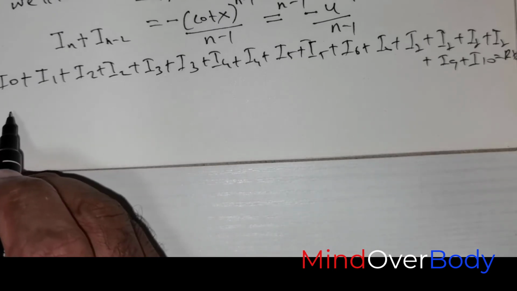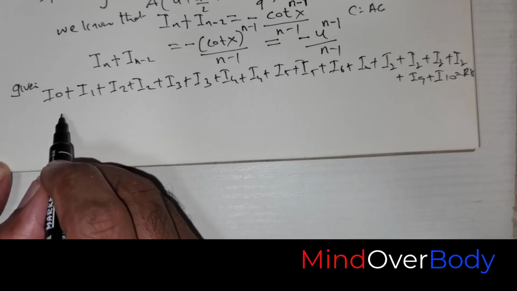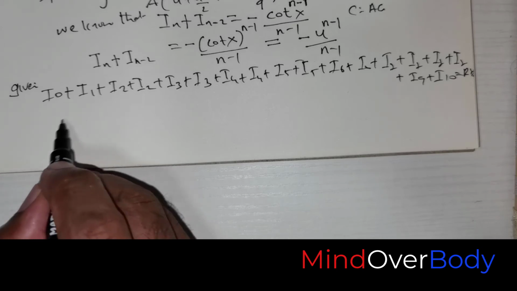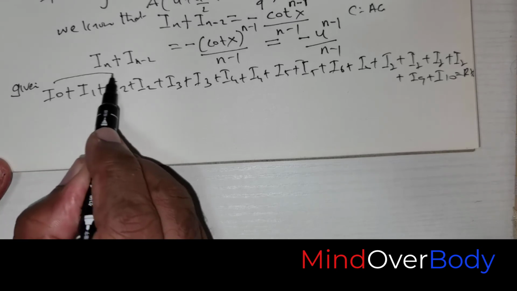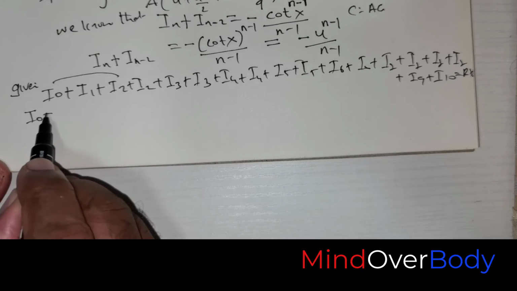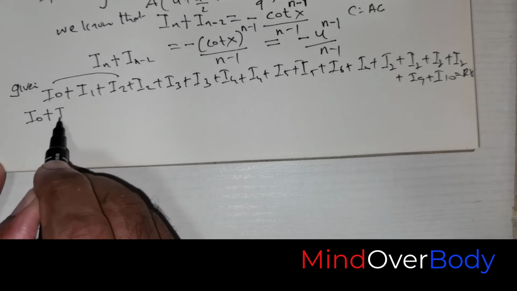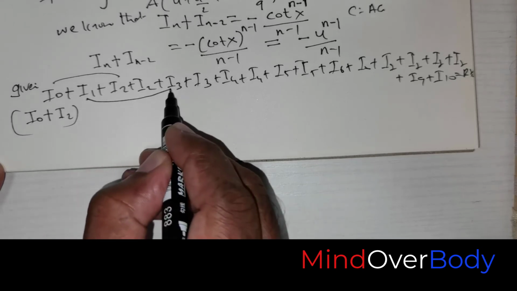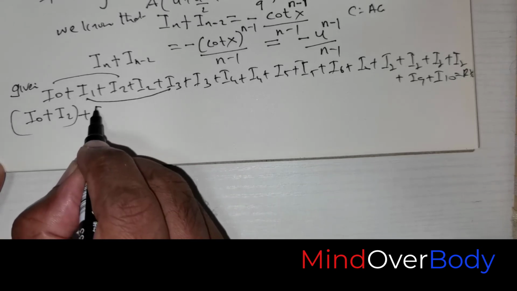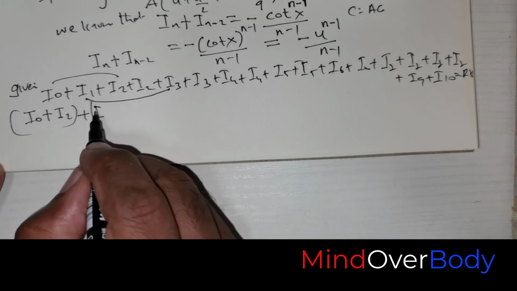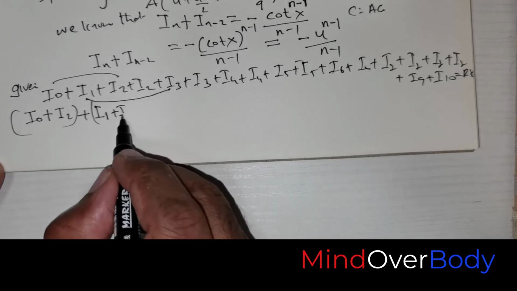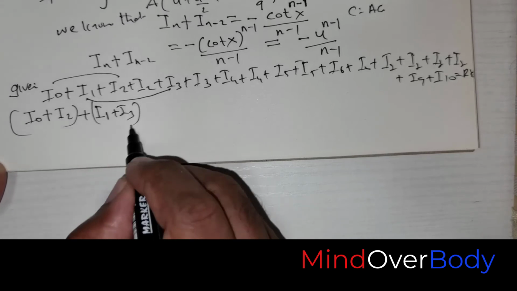Now what I want to do is club these terms. That clubbing is done as follows. I would take I_0 with I_2, that's fine. Then I will add I_1 with I_3.